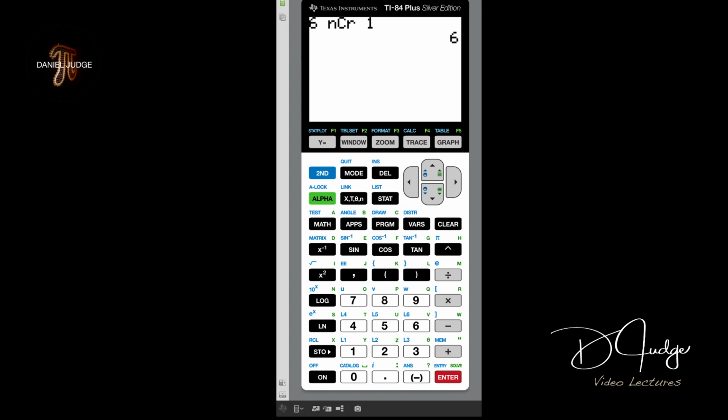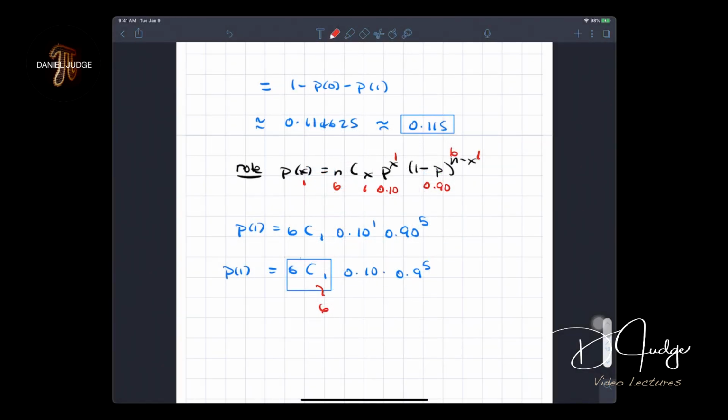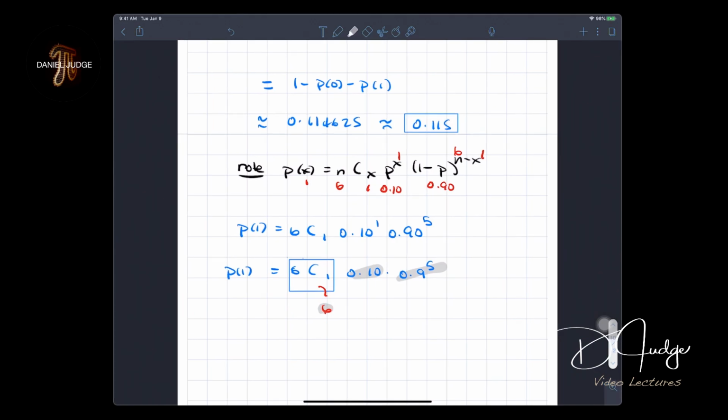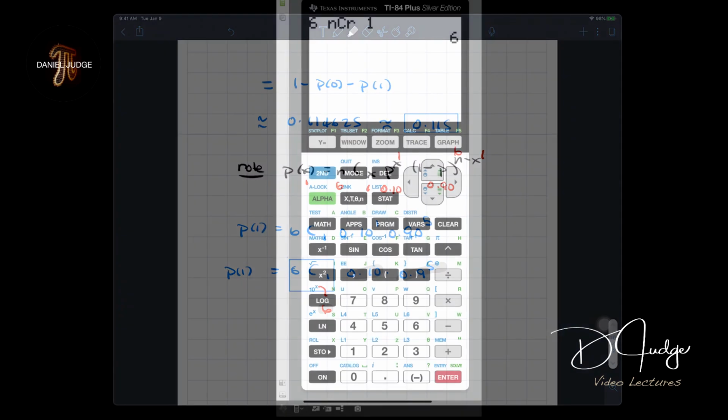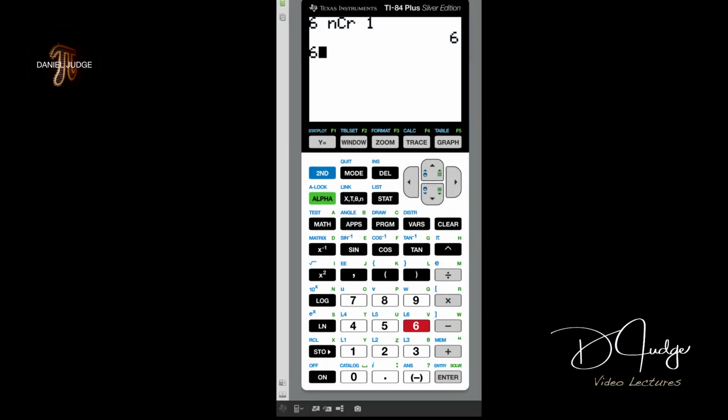But altogether, if you want to say, well, how do I find this, you're still using the TI. But now I take 6, multiply with 0.10 times 0.9 to the 5th power. And here's what you end up with. We go to the TI, and I'll say 6 times 0.1 times 0.9 raised to the 5th power.